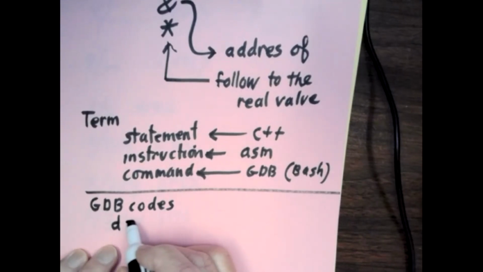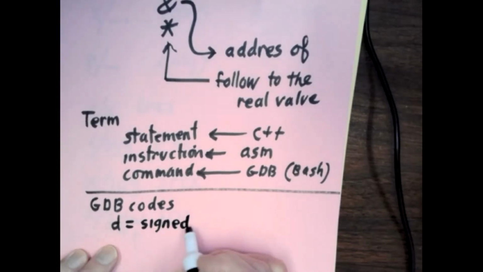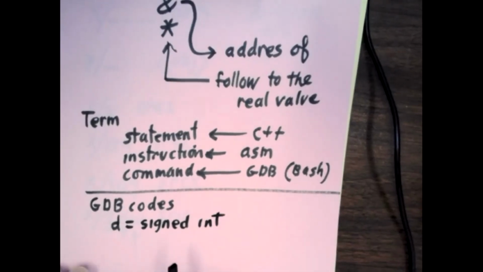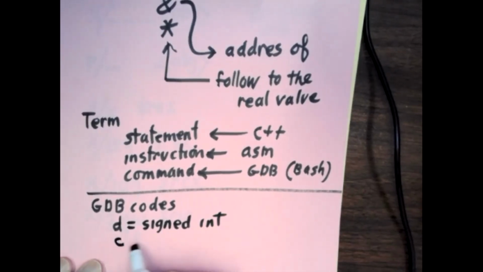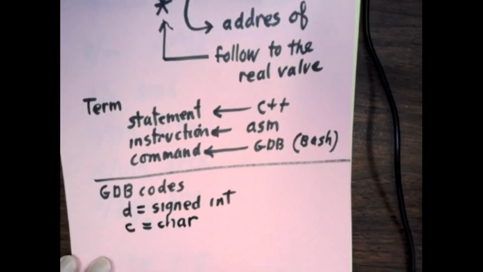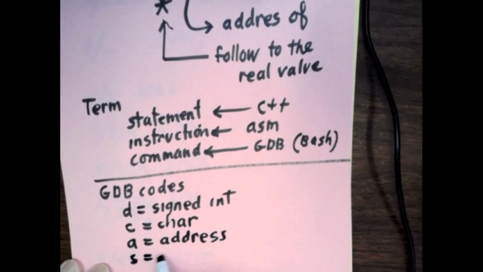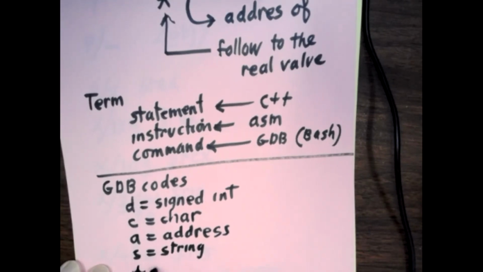D means signed integer. And C means char. And A means address. And S means string. And I means instruction.